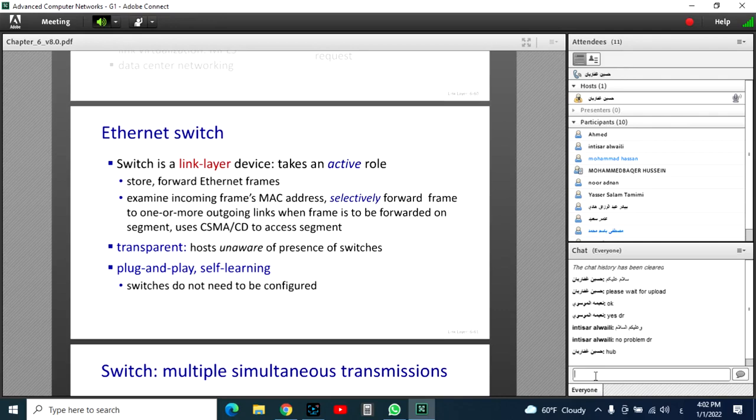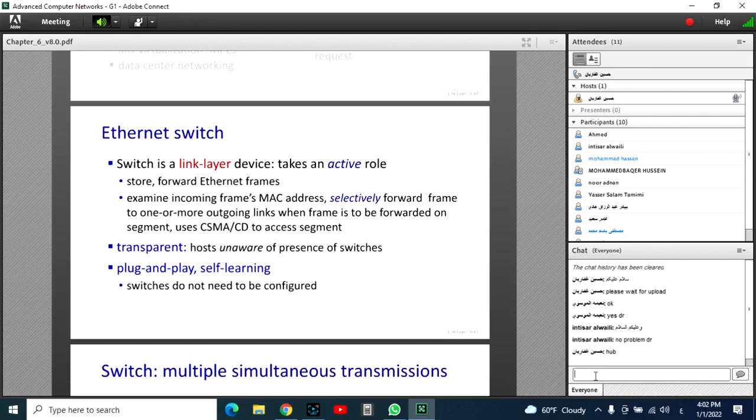But the switch works on layer 2, on the data link layer. In layer 2, we have frames, and we have the MAC address, the address in layer 2, or physical address. So a switch can understand the frames, especially the Ethernet frames.